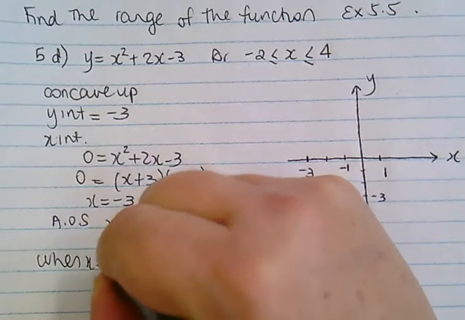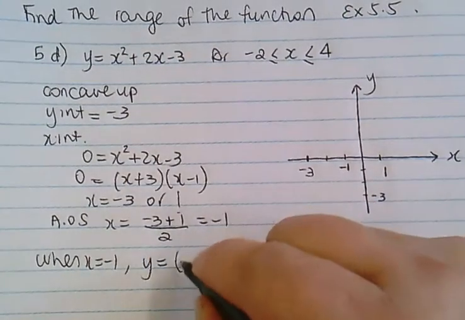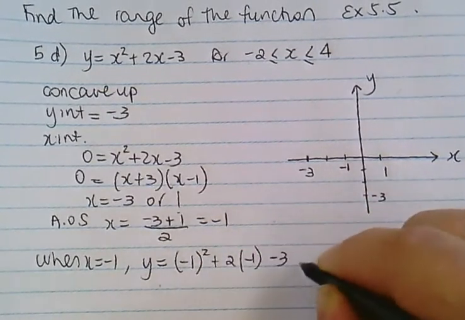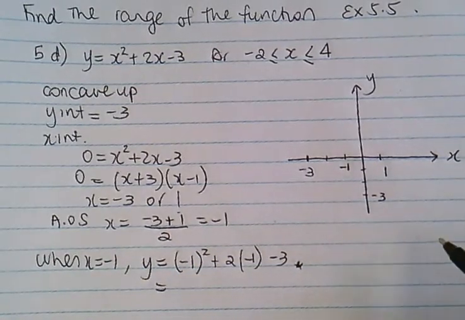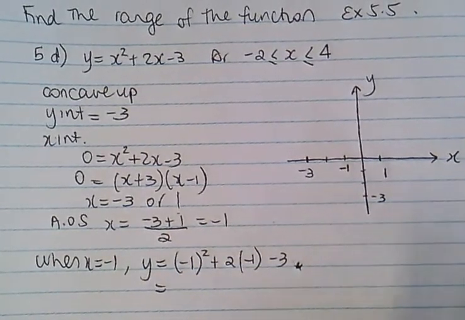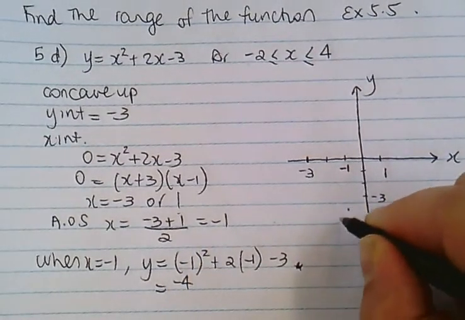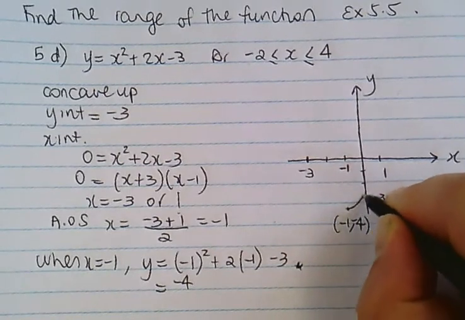So when x is -1, what's y? Put it into the original function. (-1) squared plus 2 times -1 minus 3, which is 1 minus 2 minus 3, -4. Excellent. So we've got (-1, -4) is the vertex, concave up.